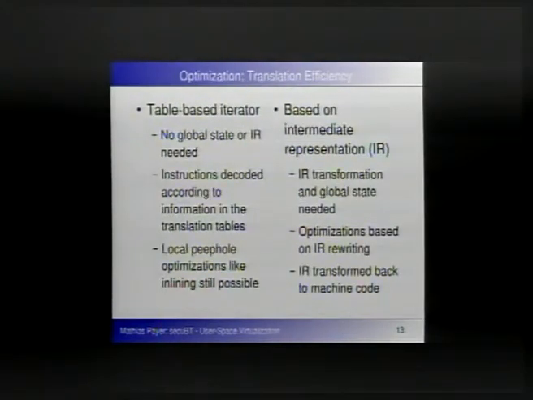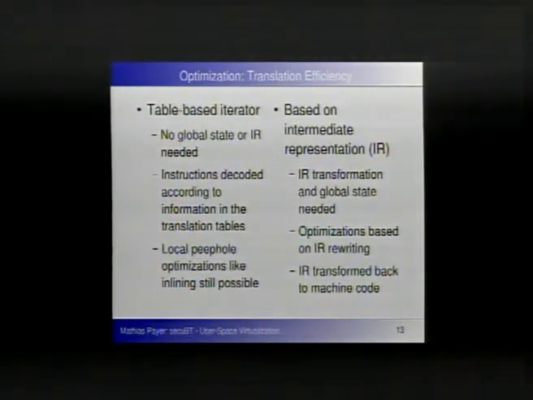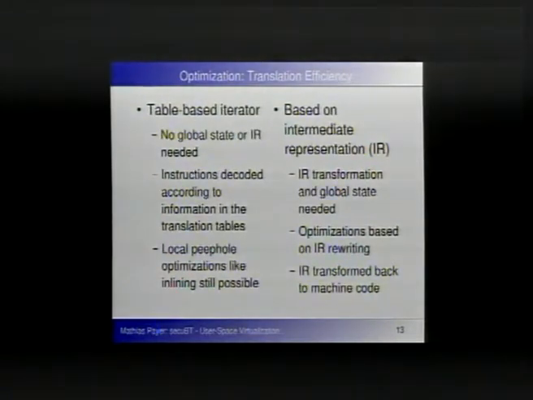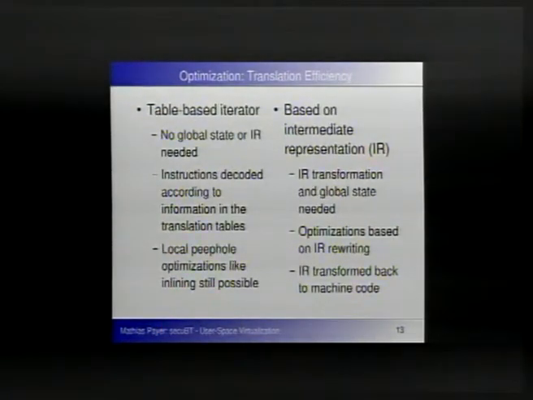For translation efficiency, there are 2 approaches to build a binary translator. One of these is a table-based iterator, which has some instruction tables in the background, and the other one is based on intermediate representation, like a traditional compiler approach. The table-based iterator has no global state or intermediate representation that it needs.